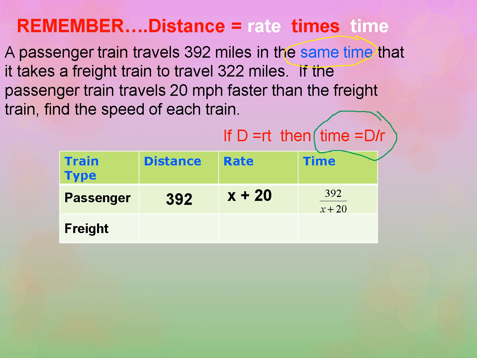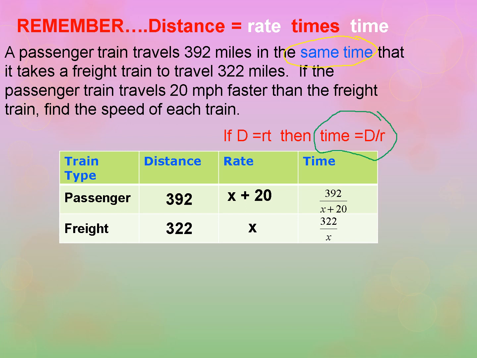And that gives us our expression for time. The freight train travels 322 miles. How fast? We don't know, that's why it's got to be x. To come up with the time, we take distance divided by rate, so we come up with that expression.